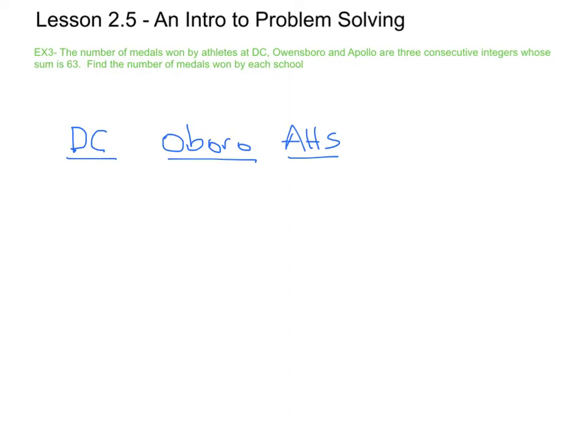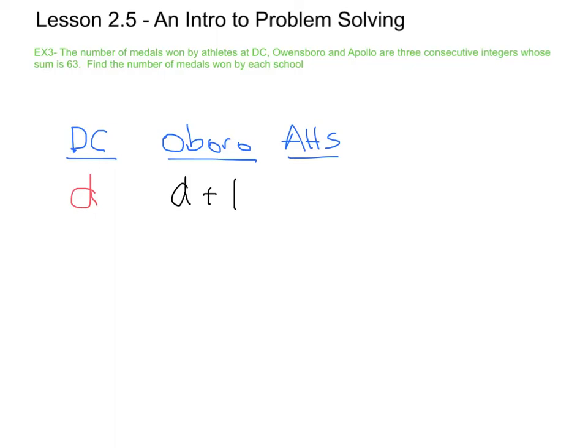So since Davis County came first in the problem, it means that their number came first. So we don't know. So we're going to say D. We don't know how many medals Davis County won. So we're just going to say D. We also don't know how many medals that Owensboro won, but what we do know is that they won one more than Davis County because these numbers are in a row. So if Davis County won D, it's fair to say that Owensboro won D plus 1.